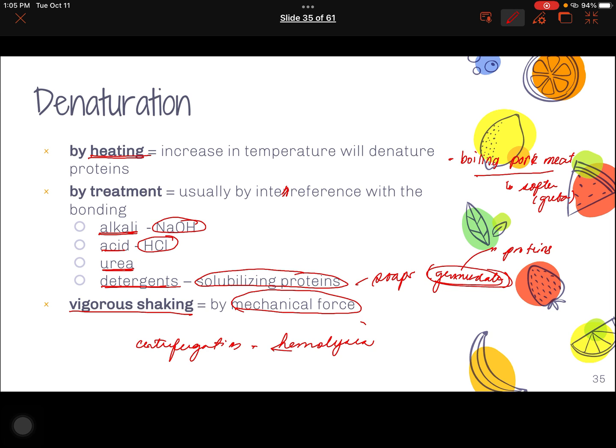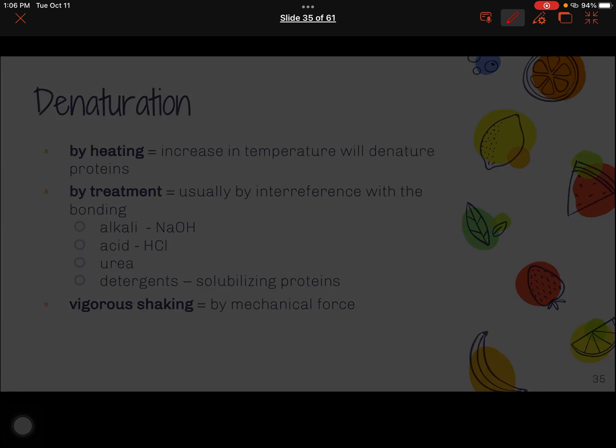And we know that your RBC membranes have proteins like your integrins, your selectins, and your adherins. These are structural proteins. So if you apply vigorous shaking or vigorous agitation to that substance, for example, your red blood cells, that would lead to hemolysis because the proteins will be denatured or destroyed.